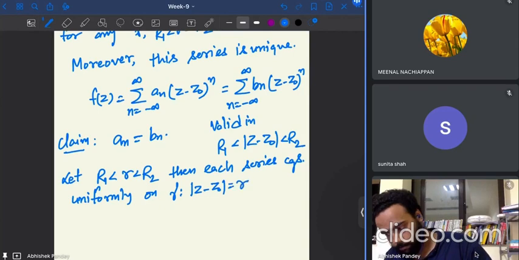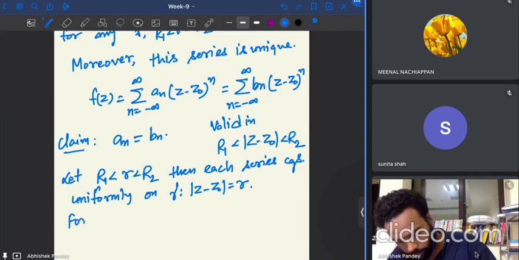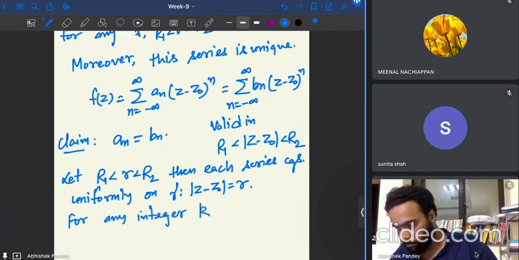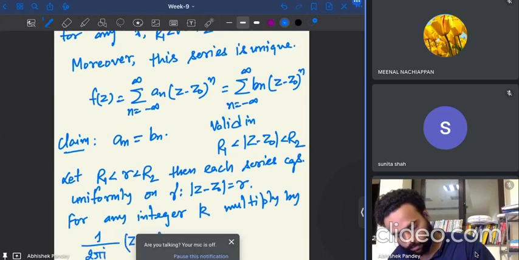Okay, so what we need to do is, for any integer k, multiply both sides by 1 upon 2 pi i times (z minus z naught) to the power k.